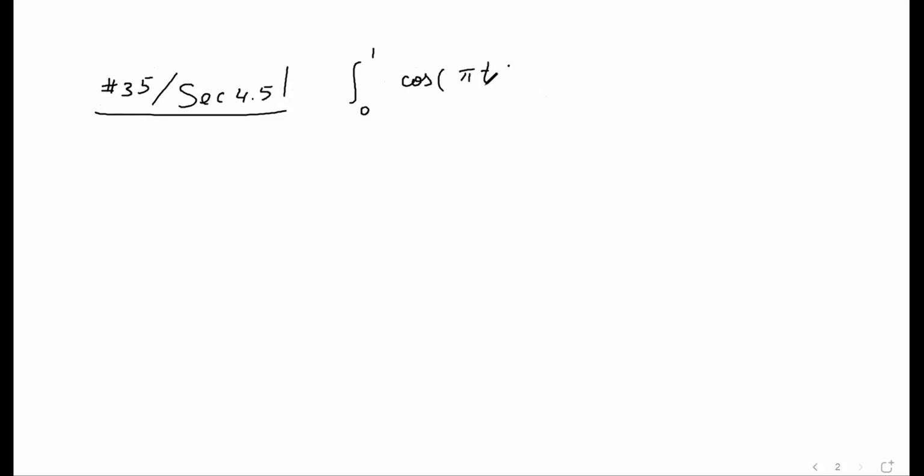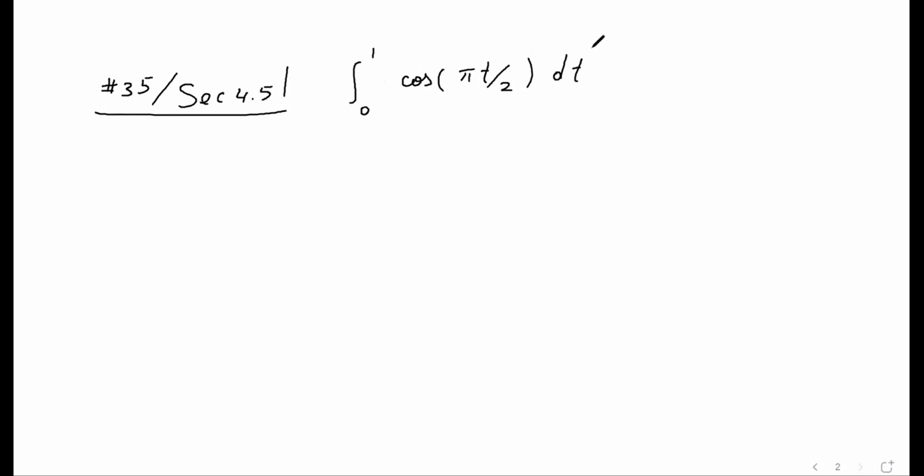So here's a problem. The first problem here, number 35 of section 4.5, says do not the antiderivative, but rather the definite integral from 0 to 1 of cosine of pi t over 2 dt.